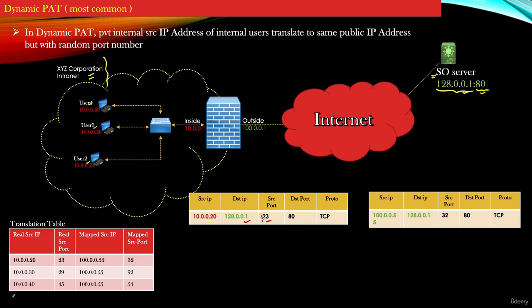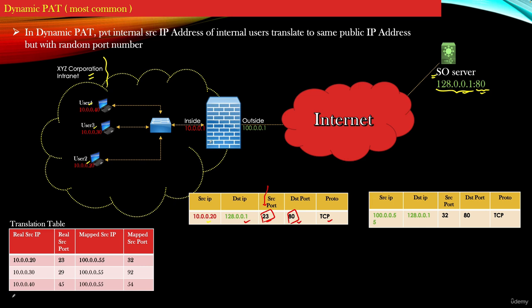So I've taken it as 23, and all the magic of the dynamic PAT lies with this source port number, right? And of course user 2 has to connect to the Stack Overflow application which is running on port number 80, so destination port number will be 80, and obviously it has to generate a TCP packet because the Stack Overflow application is running over TCP protocol.